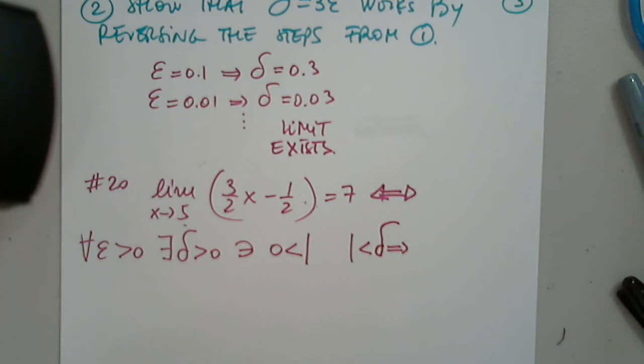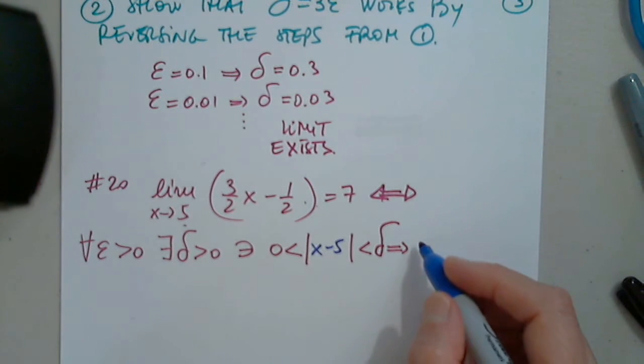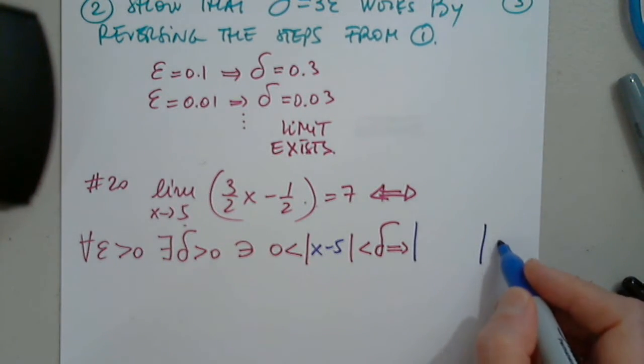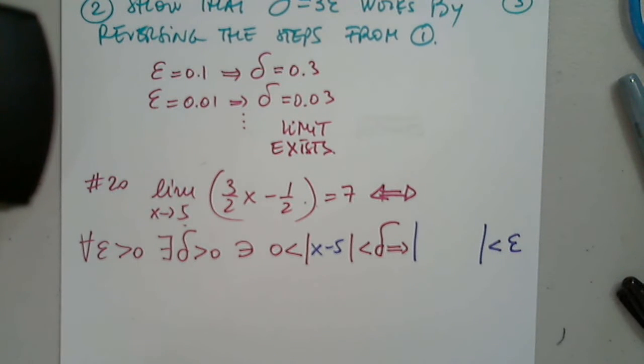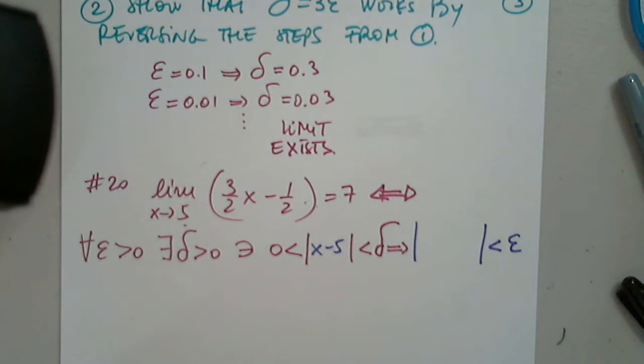I cannot jump to the function before I write the delta part. Is it x minus 5? That's it. Very good. This will imply, because here I pick x close to 5.